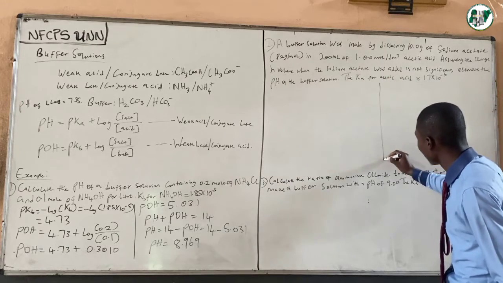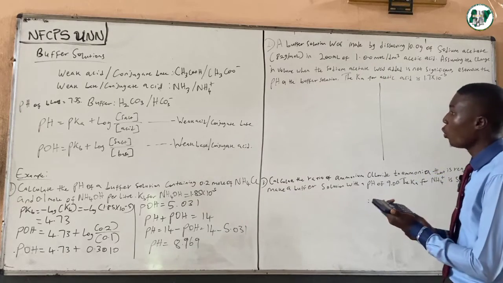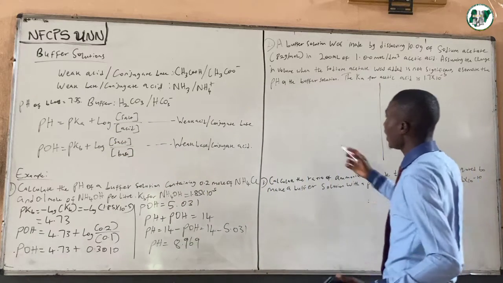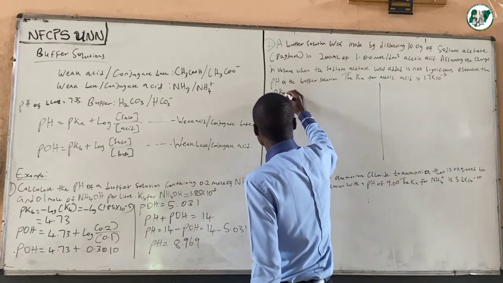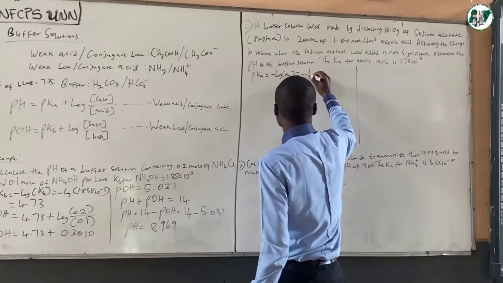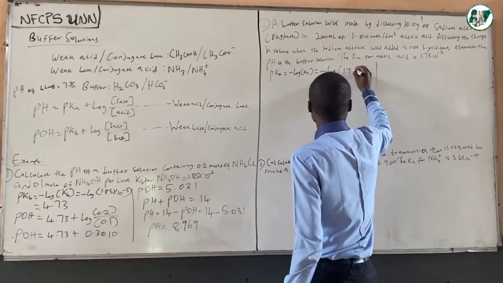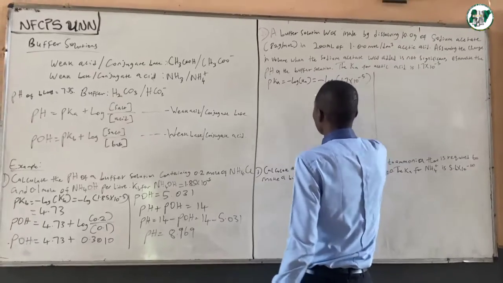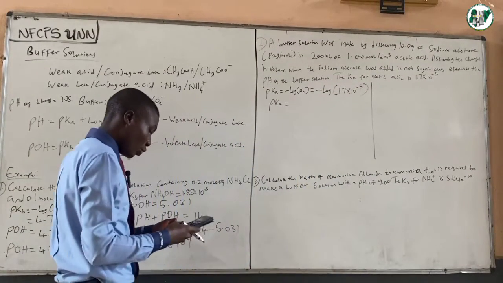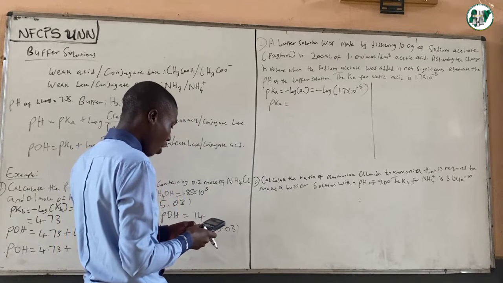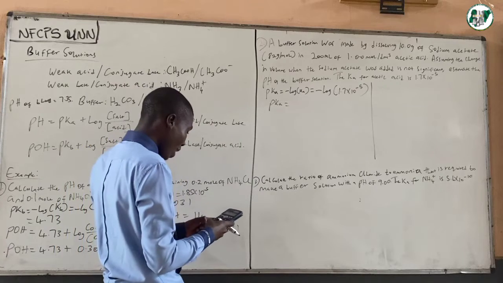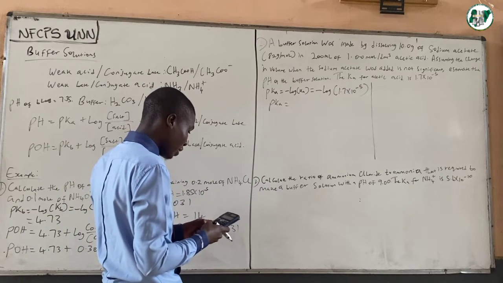So let me divide this for us to get our solution. Now we know, according to the formula, we need pKa. So let us solve for pKa. We have been given Ka and we know that pKa is equal to negative log of Ka. So that's going to be minus log of 1.7 times 10 raised to the power of minus 5.